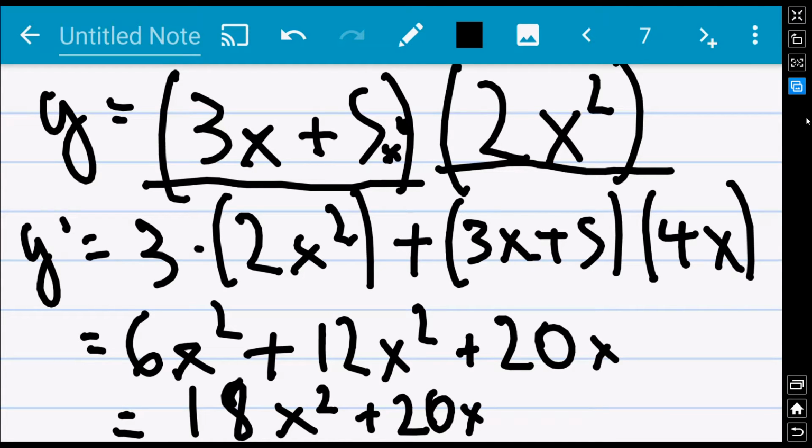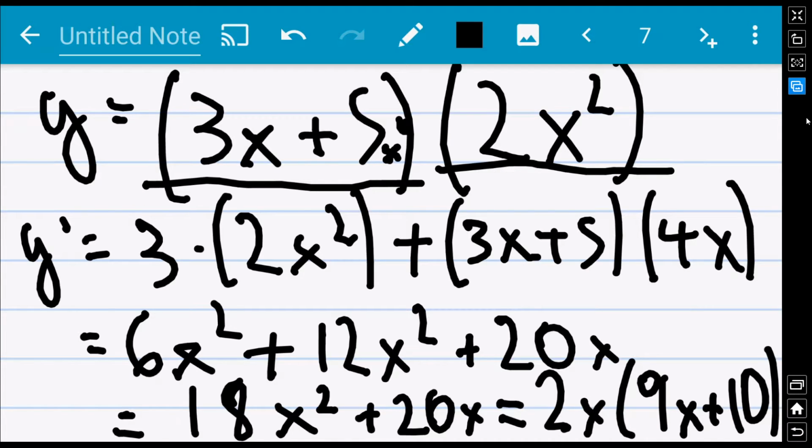And factoring is very important, so I am going to factor this a little bit by taking out an x, but before I take out that x, I'm going to take out a 2. So I'm going to get 2x times 9x plus 10.